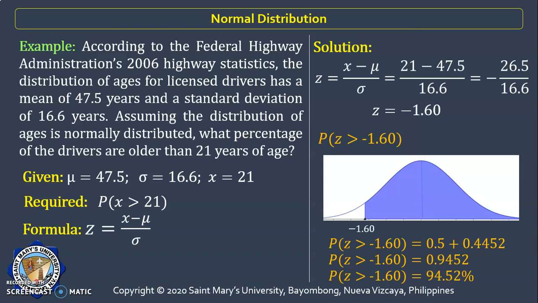And from negative 1.60 to 0, the area in the normal curve for z equals 1.60 is 0.4452. So the area where z is greater than negative 1.60 is the sum of 0.5 and 0.4452, which is 0.9452. Since the problem is asking for the percentage of drivers older than 21 years of age, we convert the decimal to a percent, which is 94.52%. So this is the probability or the percentage of the drivers who are older than 21 years of age.